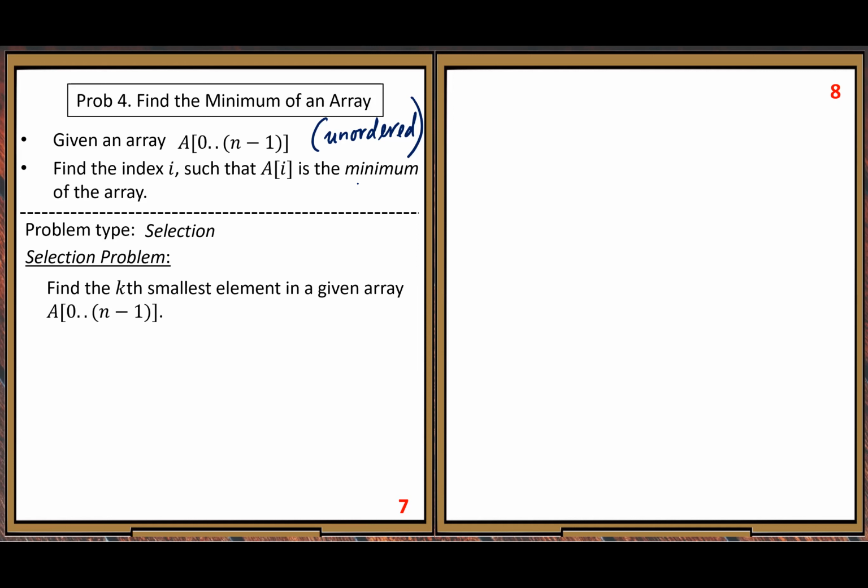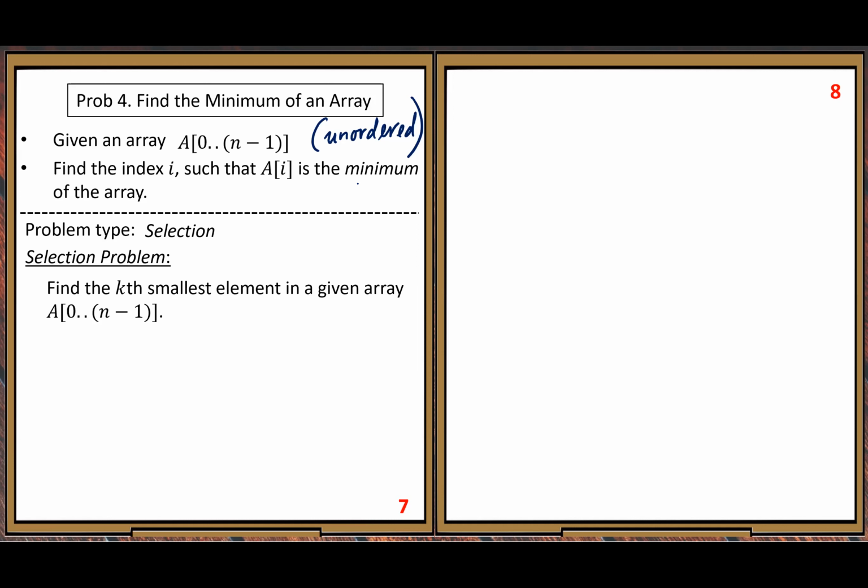Find the kth smallest element. The k should be given at the beginning. K is a fixed number. Then you find the kth smallest element in a given array.